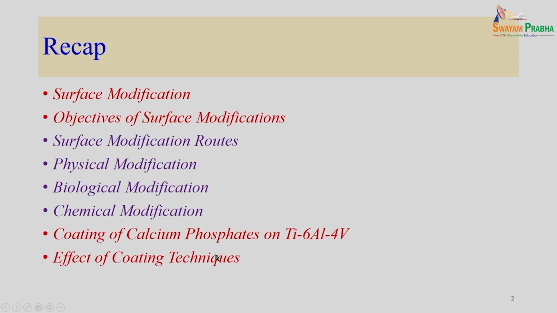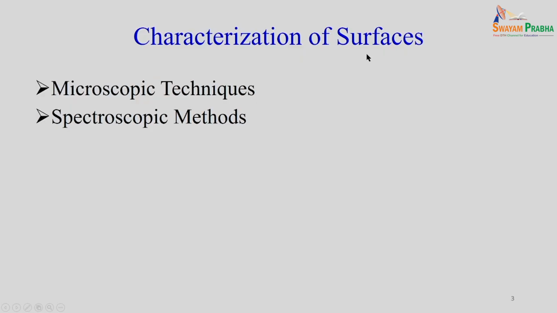In the last lecture, we saw the application of one physical method, particularly RF sputtering and laser cladding. So, we discussed the coating of calcium phosphate on titanium surface using the physical method and its effect on its physical, chemical and biological properties. So, today we will start with the characterization of the surfaces.